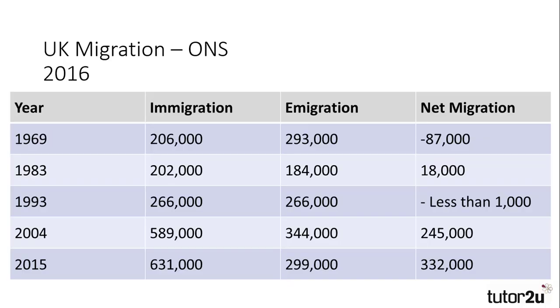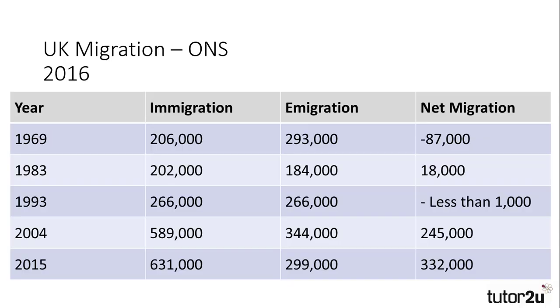Over the next 2 decades, migration settled down, and when in 1992 members of the EU became free to work and reside in other EU nations, the following year the UK reported a negligible net migration rate of less than 1,000 people leaving. In the following years, and as globalization increased, this grew. By 2004, and following the inclusion in the EU of 8 Eastern European nations, net migration had become nearly 250,000.